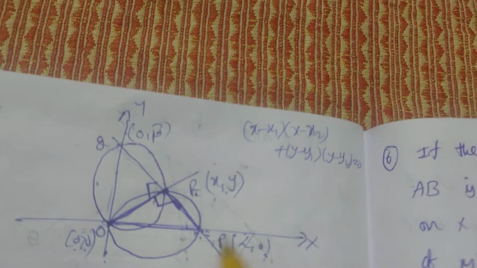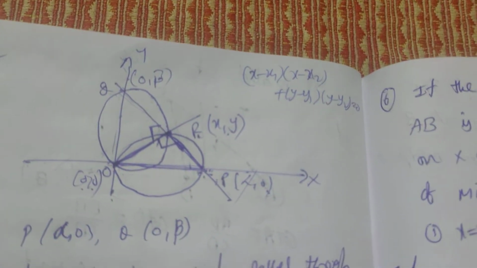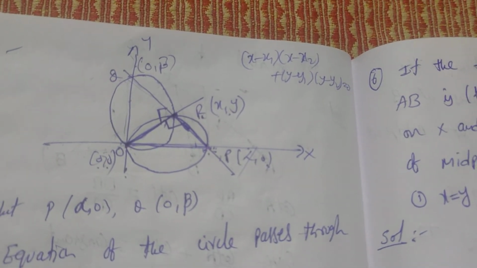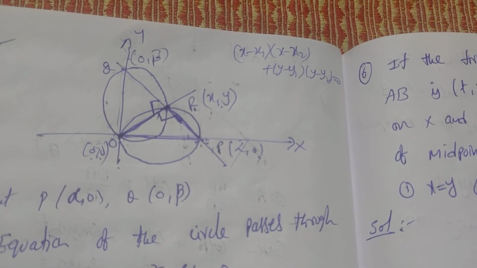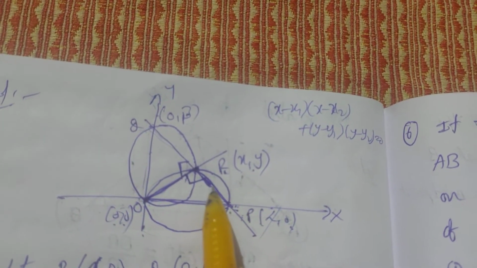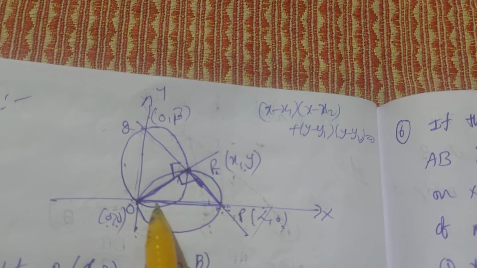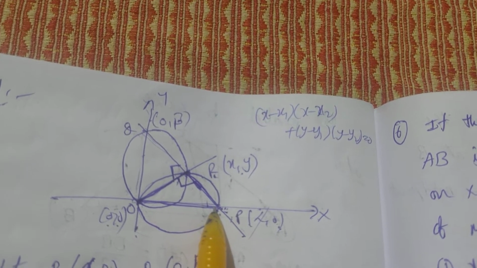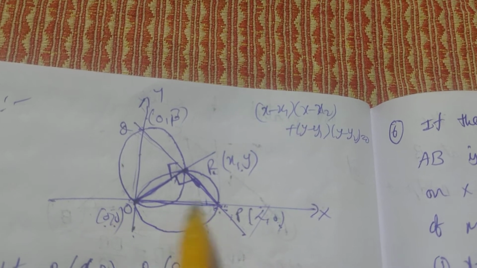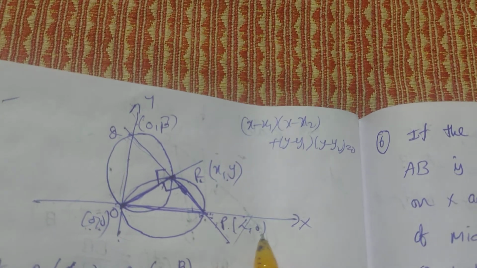See here, according to that, you get two circles. According to these two circles, we should get a relation. Through that relation, we should find the locus of x comma y. That means we should get the relation between x and y. See here, if you take the right angle triangle, this is the circle. Now OP is the diameter. I already gave one formula for the circle, that is the diametrical form. Diametrical form means, let us consider this is x1 y1, this is x2 y2.